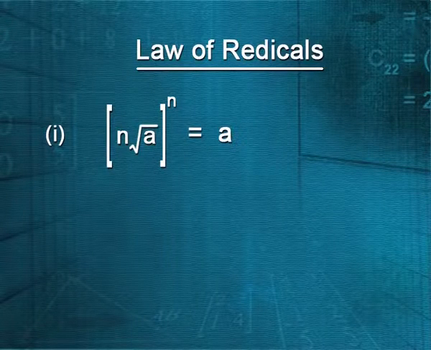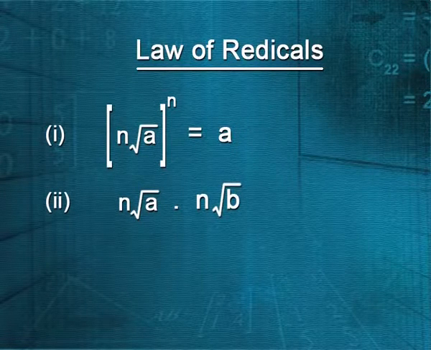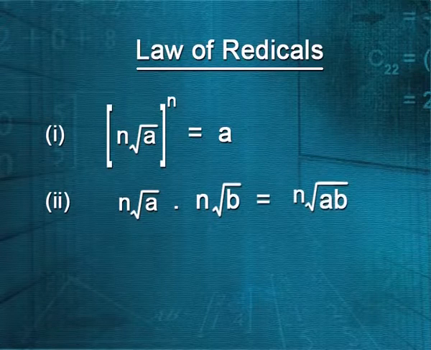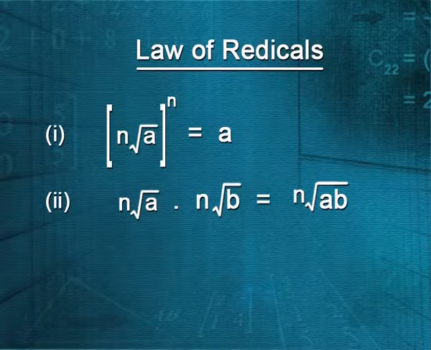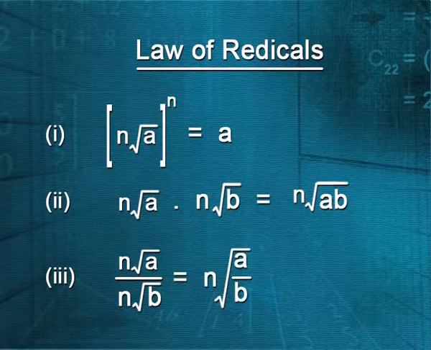The second law of radicals says nth root of a multiplied by nth root of b is equal to nth root of a multiplied by b, or nth root of ab. The third law of radicals says nth root of a divided by nth root of b is equal to nth root of a by b.